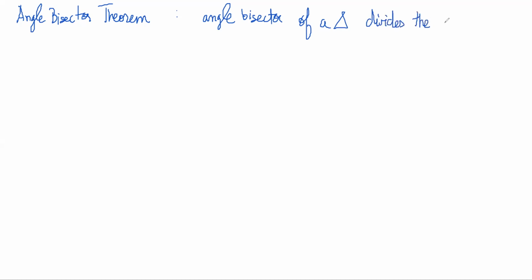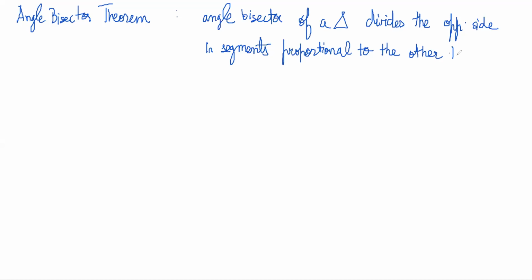This is telling you that the angle bisector of a triangle divides the opposite side in segments proportional to the other two sides of the triangle. So everyone has heard of this theorem before, no?